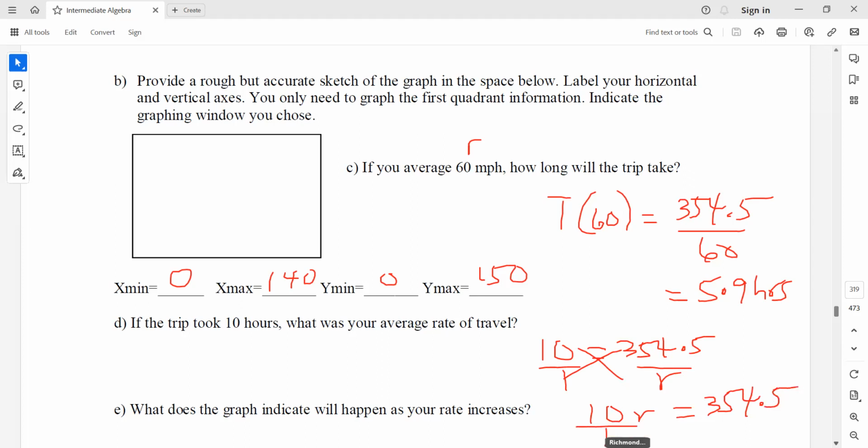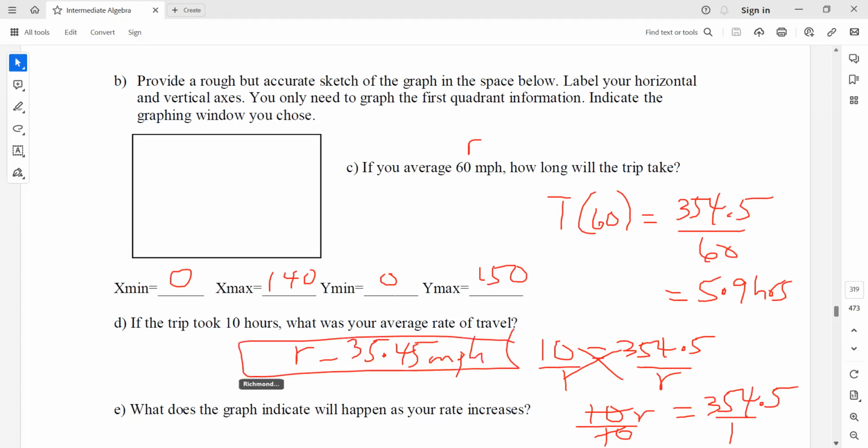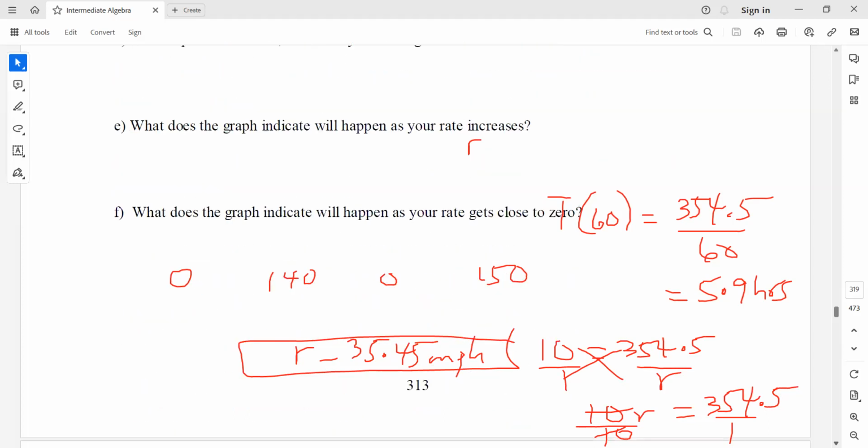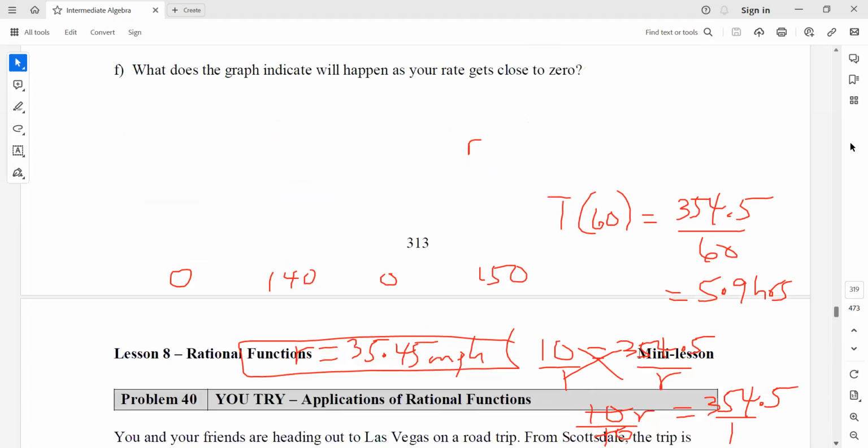Now you divide both sides by 10, and R becomes 35.45 mph. Okay? Again, this is a media example, so you could always go back and watch that.